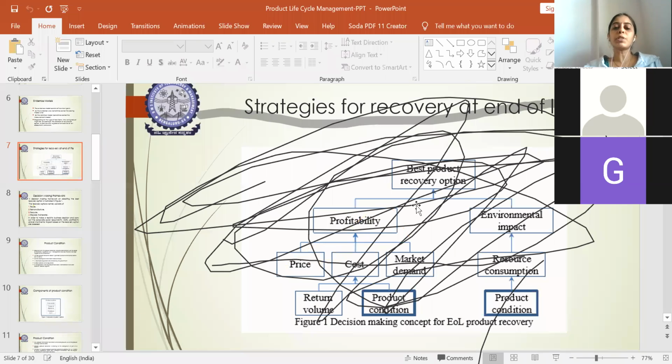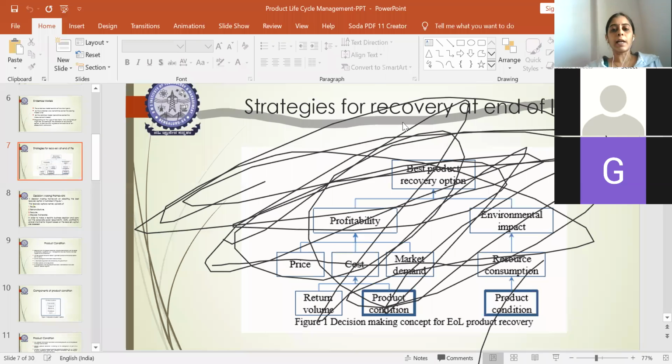It has to be profitable and it has to be eco-friendly. Then only we suggest that product to go for recovery or recycle or remanufacturing, or else it will directly go to scrap. So these are the strategies which are involved in recovery of a product at the end of life.